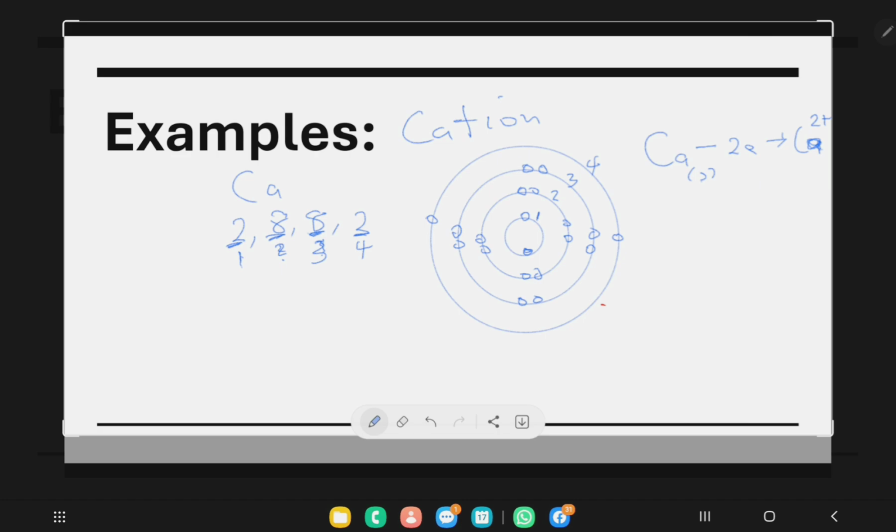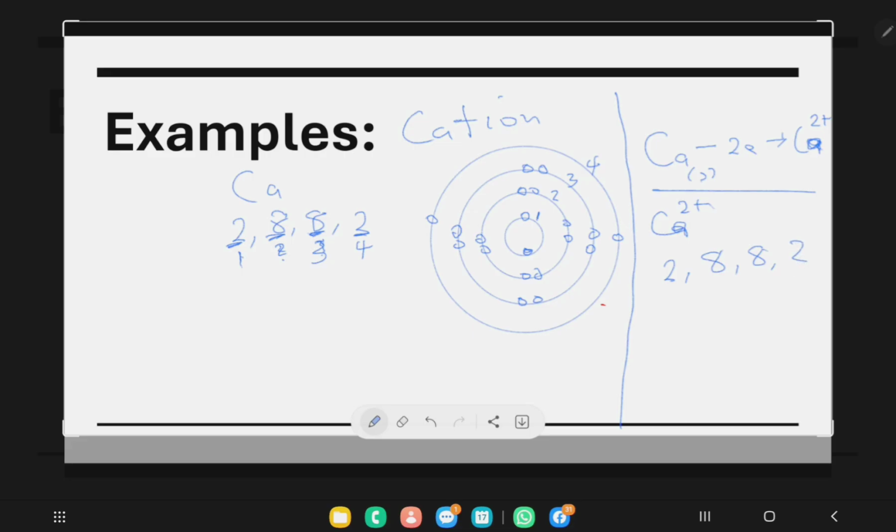For the calcium ion, Ca2+, the configuration becomes 2, 8, 8.